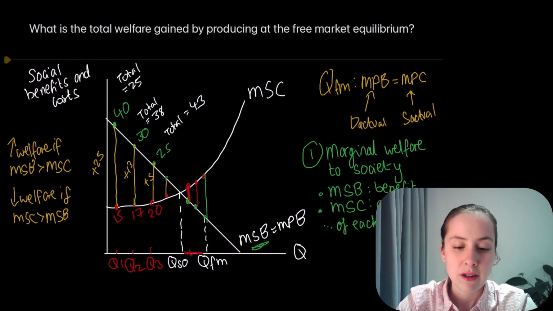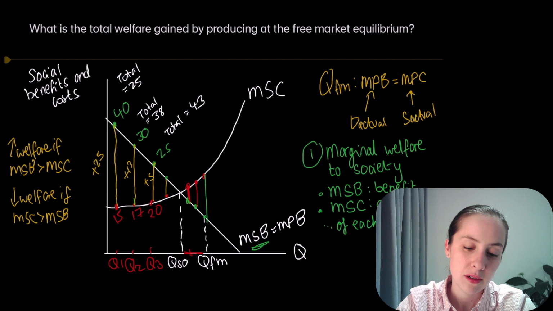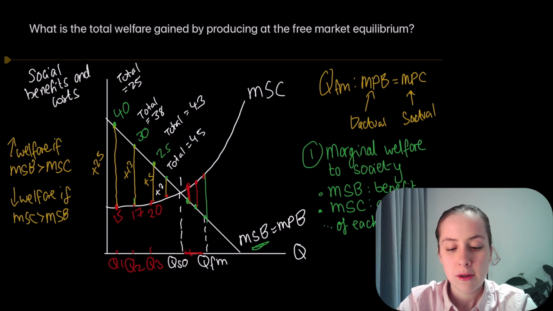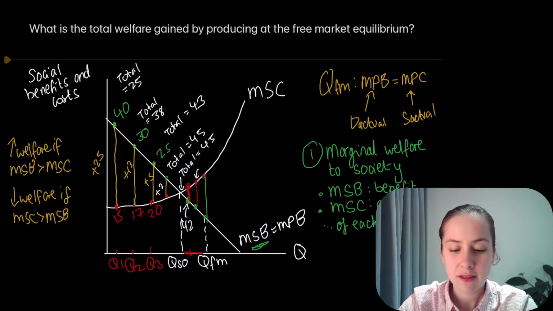So if the total welfare was 43, this one looked like it added, I don't know, another 2, bringing the total to 45. This unit here doesn't add anymore. Total is 45. This one is taking some away, taking away 3, bringing the total to 42. Taking away 4, bringing the total to 38.